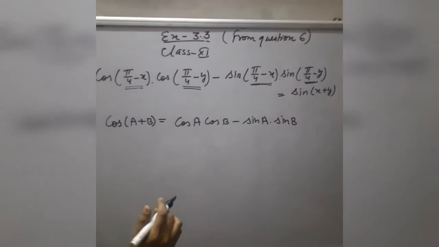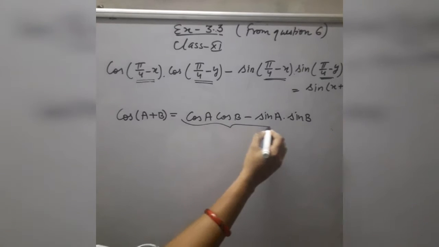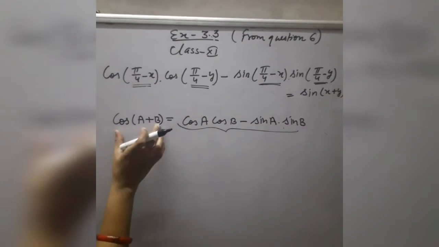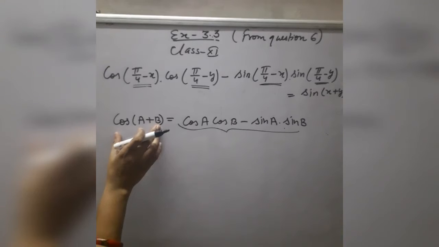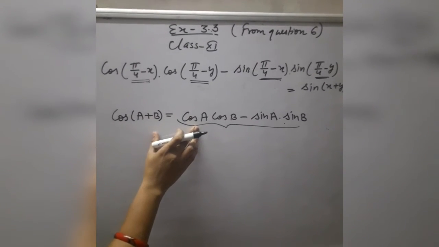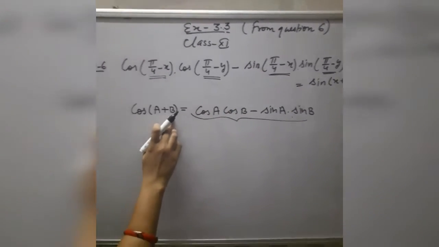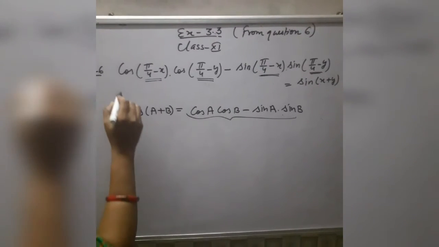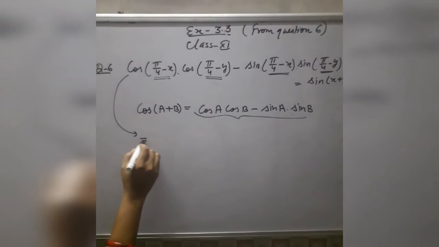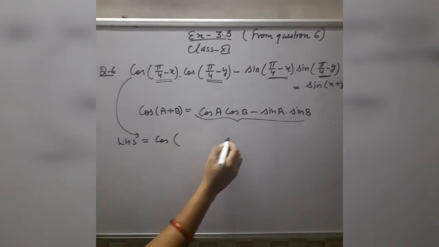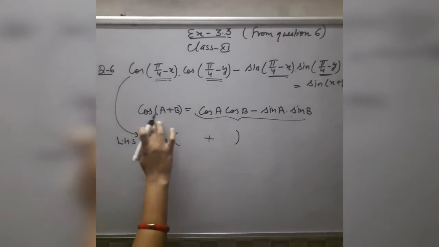It means cos a cos b minus sin a sin b is equivalent to cos(a + b). That's why by using this formula, this complete left hand side can be written as cos(a + b).